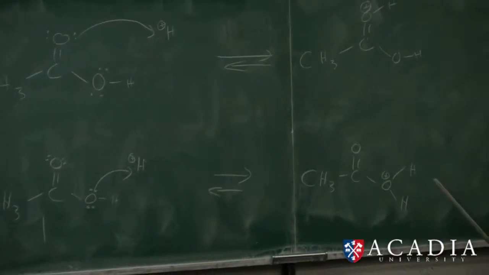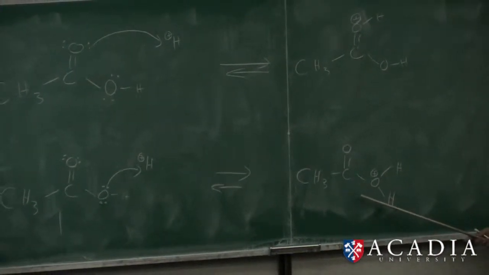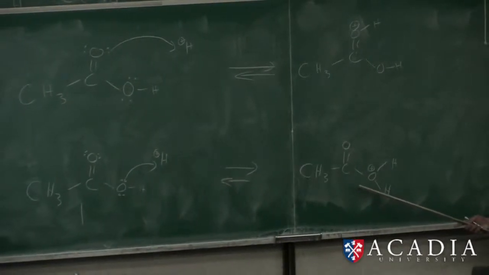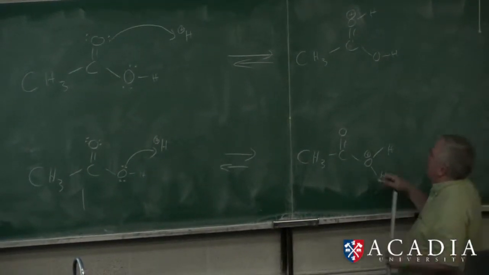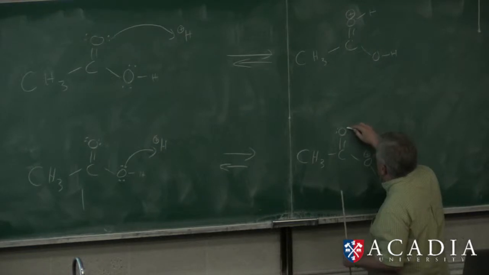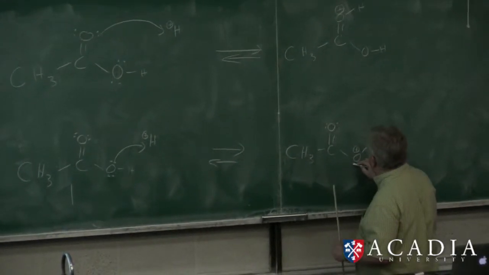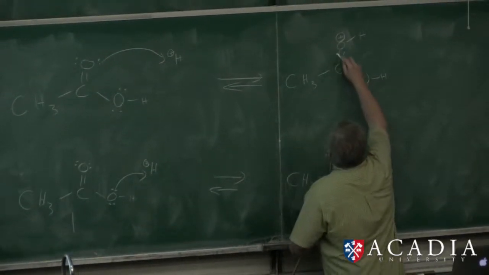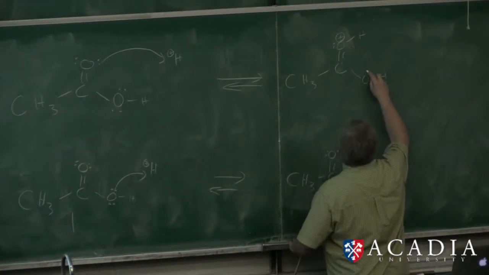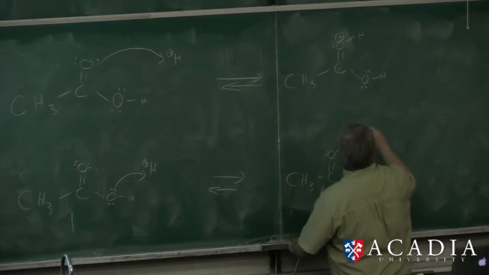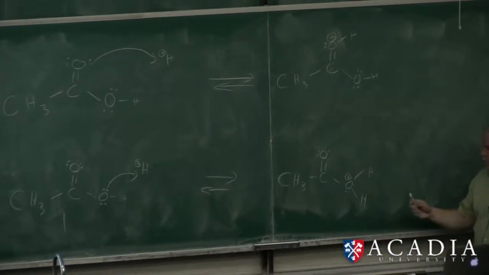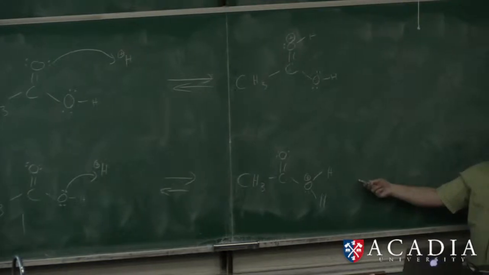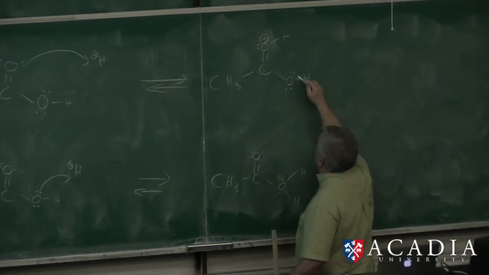Can we draw any resonance structures for this one? Hopefully you're looking at it. Don't forget there's lone pairs of electrons here. There's one there. Okay. We can't draw any resonance structures for this one, but we can for this one. We can just do this.